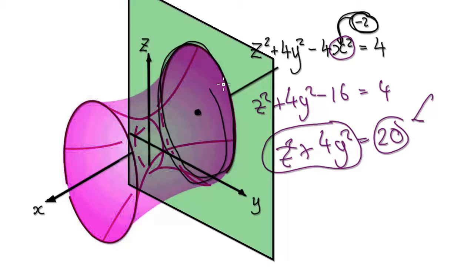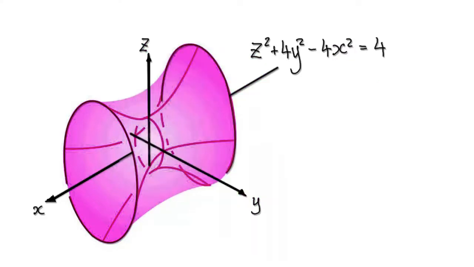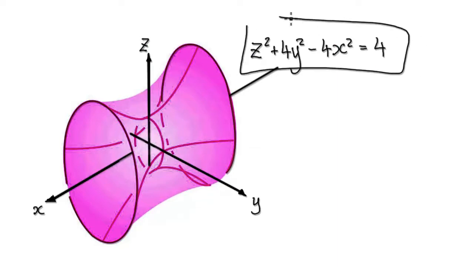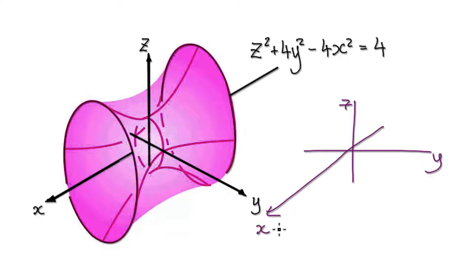So the minute you've been given this, if you put 0 into the x, you know you're going to get an ellipse. So in your mind, picture this: y, this is your x-axis. When you put 0 into the x, you're going to get an ellipse, and then as you increase x, you're going to get a bigger ellipse.